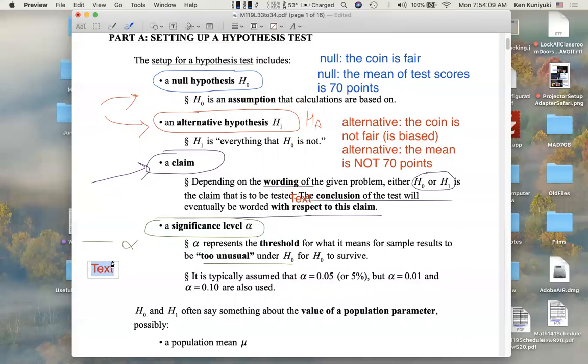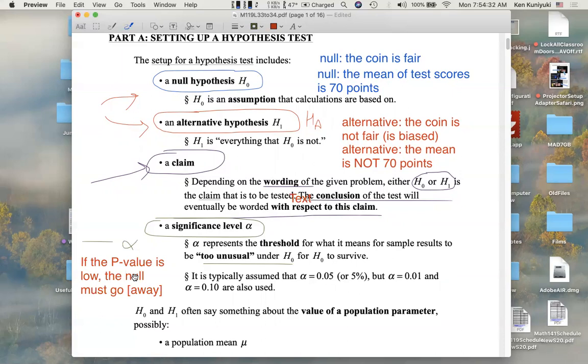If the p-value is low, the null must go, as in go away.